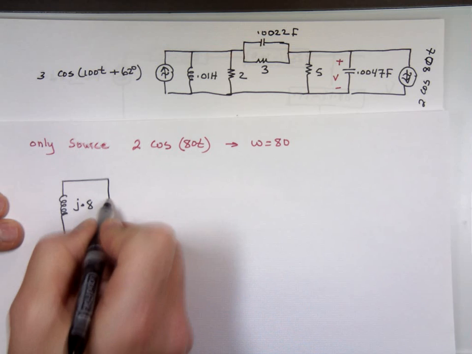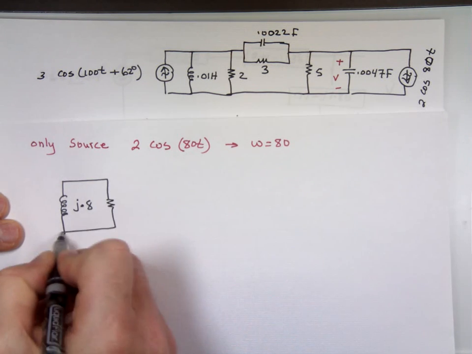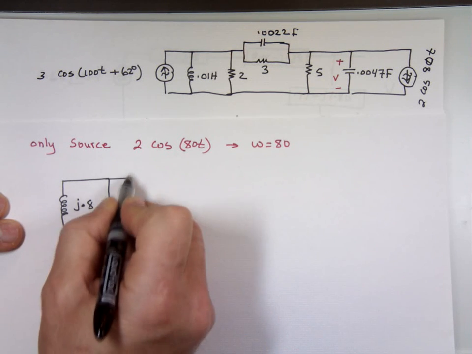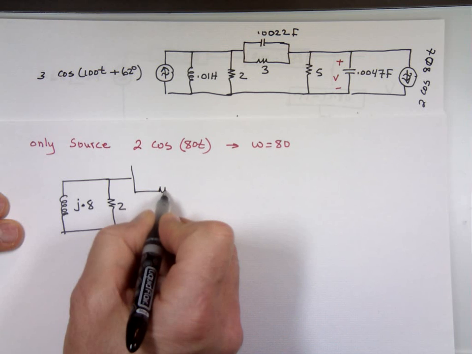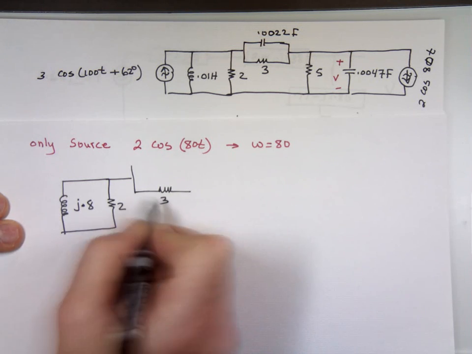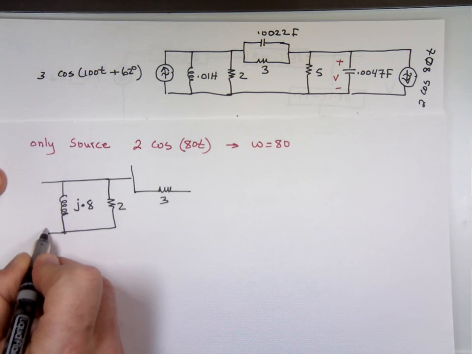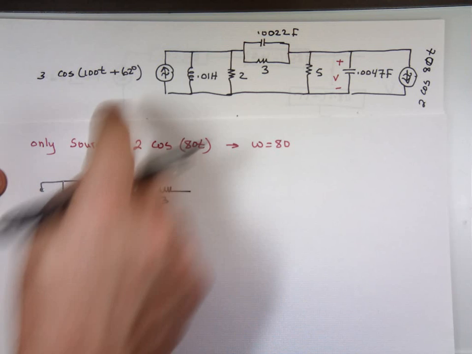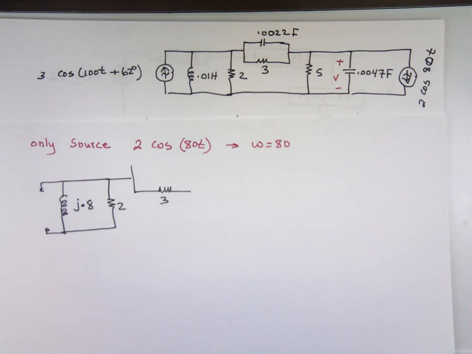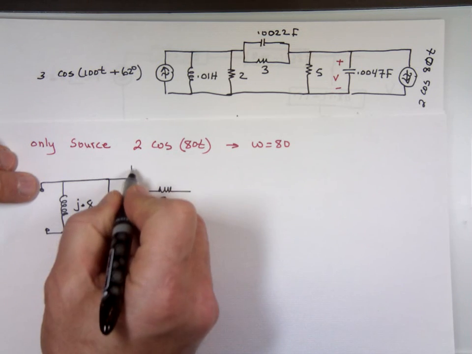This is 2. Did you want an open circuit? Yes. This one, that's why I didn't put it there. I just didn't even draw that. That source is gone. If it was a voltage source, you make it a short circuit.